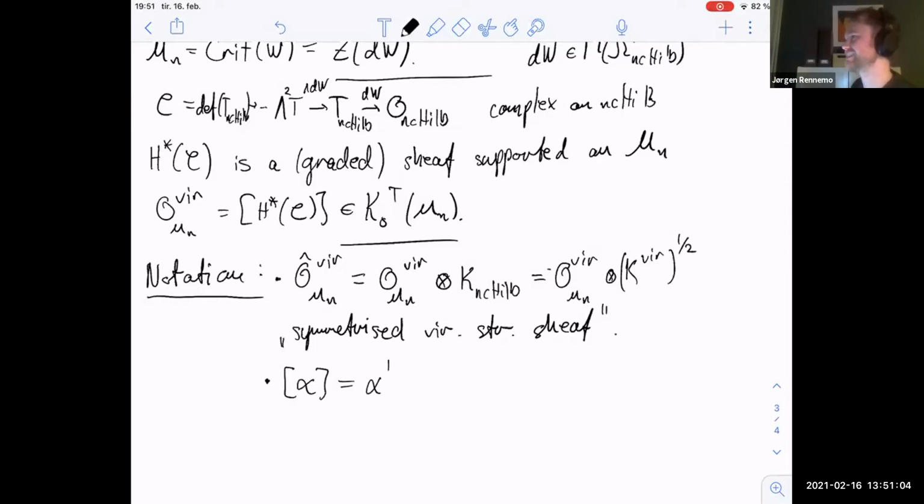For me, one thing I find appealing is that tensoring with K over C Hilb, if you examine what happens to this complex, you see wedge powers of omega instead of wedge powers of T. It looks similar to a Dirac complex, which you might expect to have other properties.